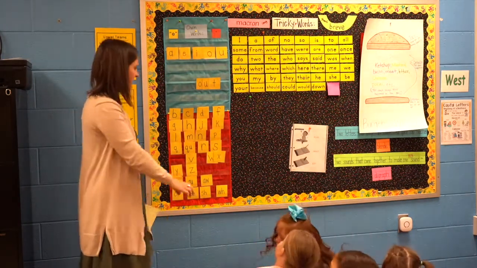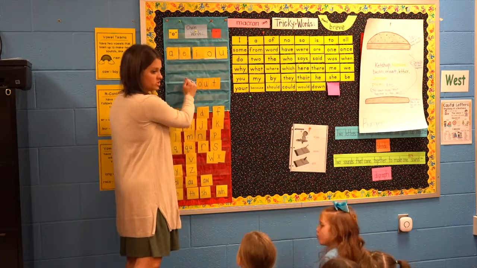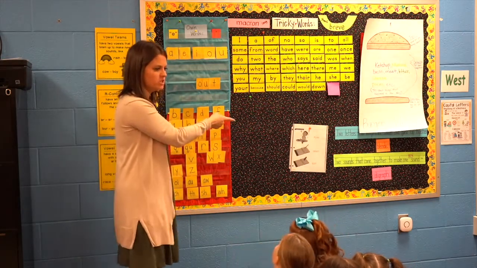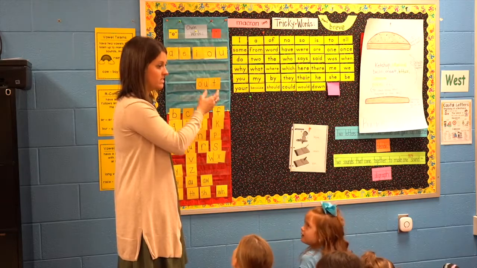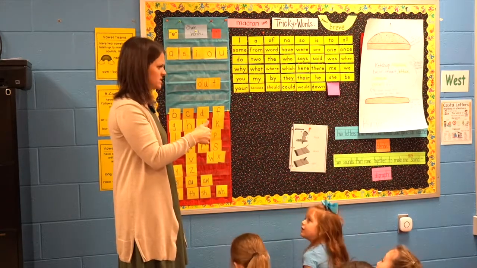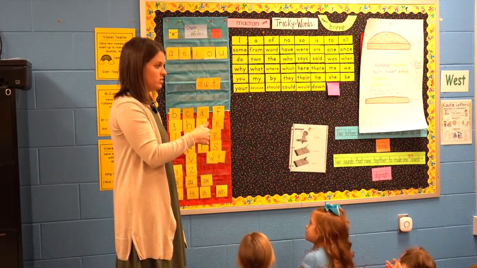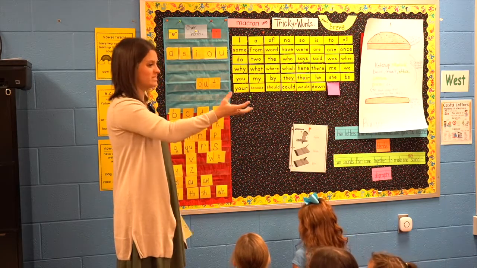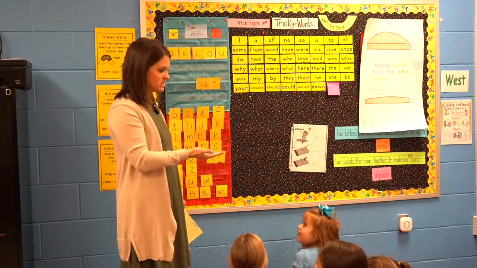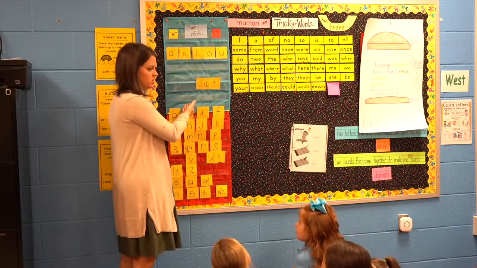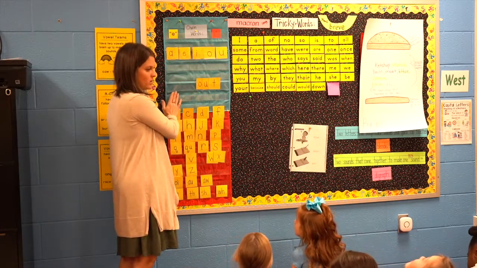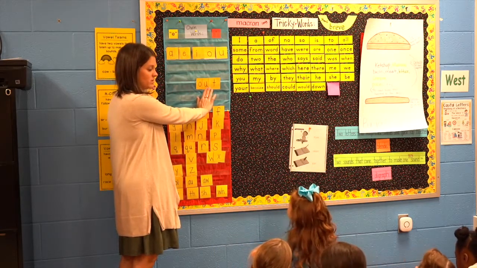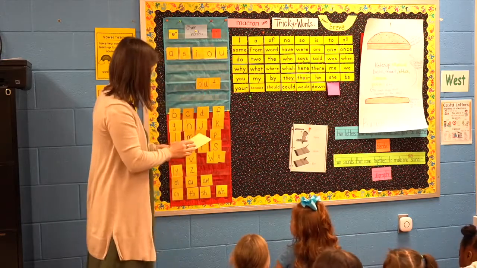We still have the ow. We just took away the first sound. When we do sounds first and we say a word, we've done this, I think last week, taking away the beginning sound. We would say a word, take the beginning sound away, and see what's left. That's exactly what we just did here. We took the p away, so now we see what's left of the word, and it's out.